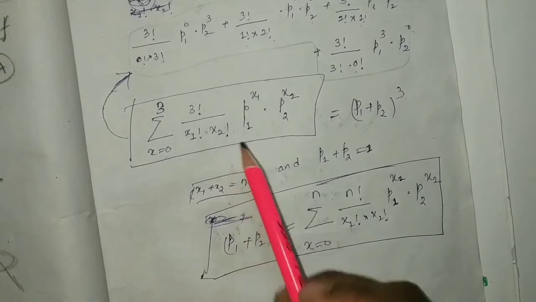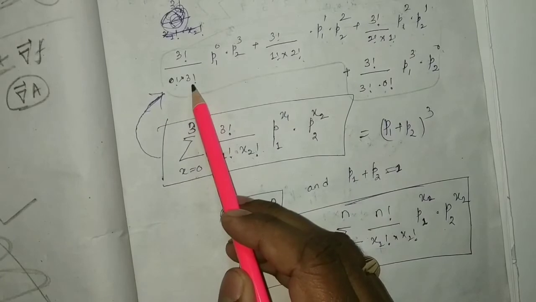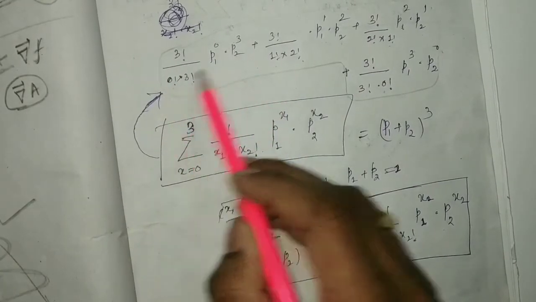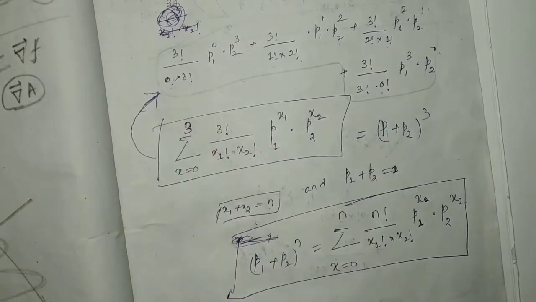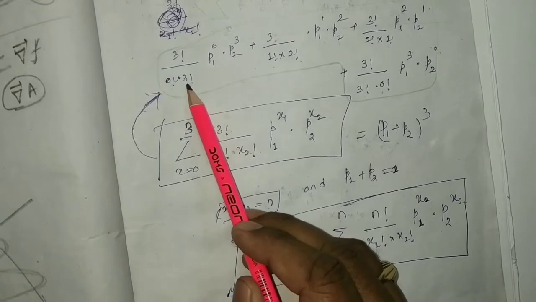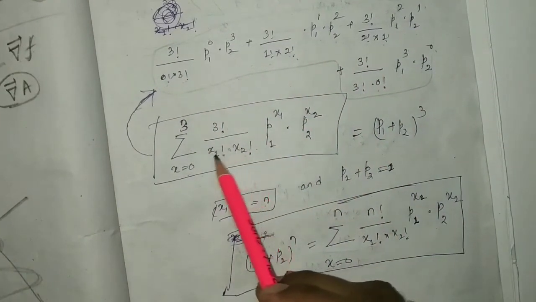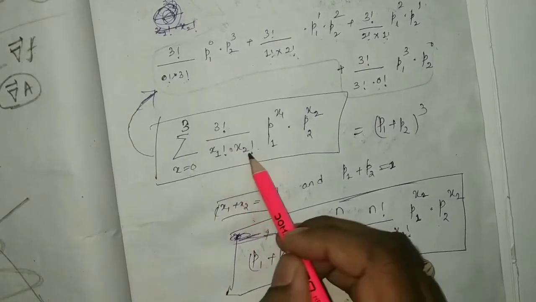Consider here x1 is 0, x2 is 3. x1 is 0, 1, 2, 3, and x2 also changes its value, 3, 2, 1, 0. So x1 and x2 change their values from 0 to 3 accordingly.